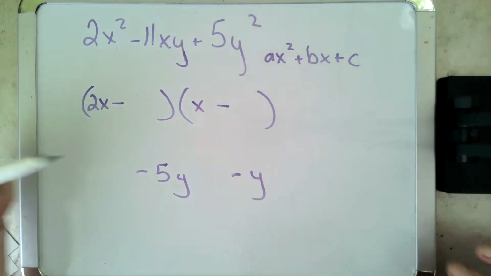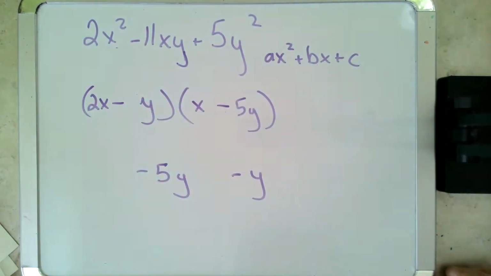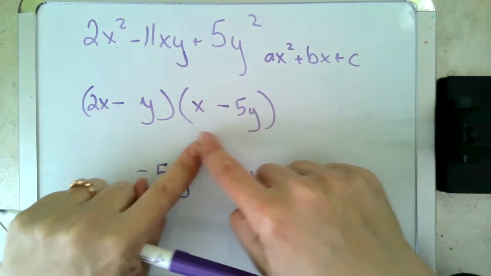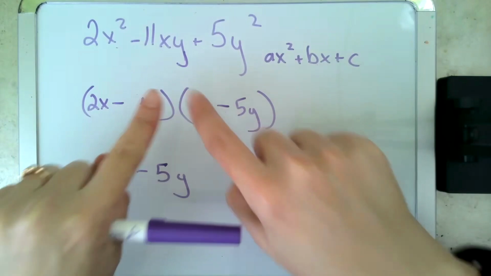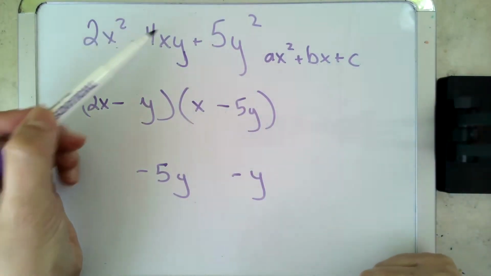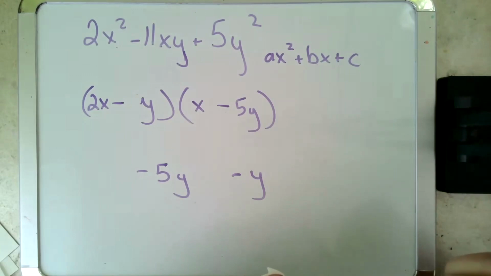Now we've done this a couple times, so we know the y goes here and the 5y goes there because those are going to multiply together to get you that negative 10. These are going to multiply together to get you that negative 1, which will come together to be the negative 11. You could always put this into the quadratic equation.